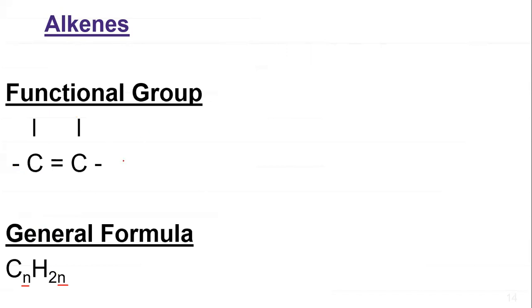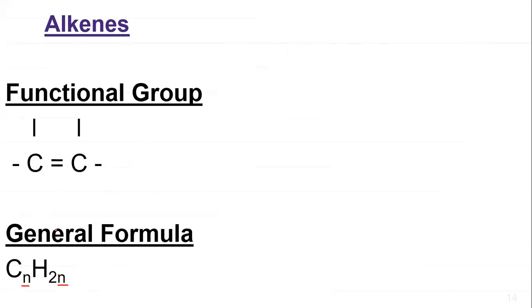In other words, a functional group is actually what defines that particular homologous series. So it is an atom, or a group of atoms, or a bond that shows us that this molecule belongs to a particular homologous series.